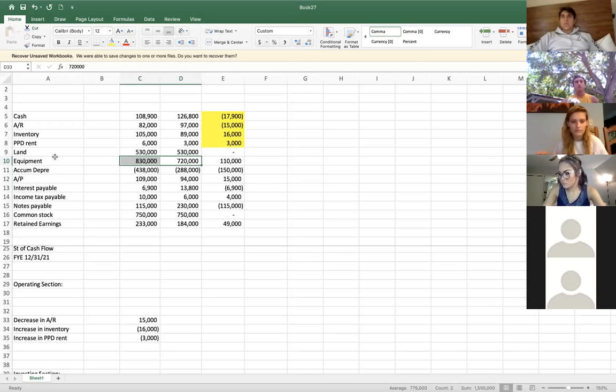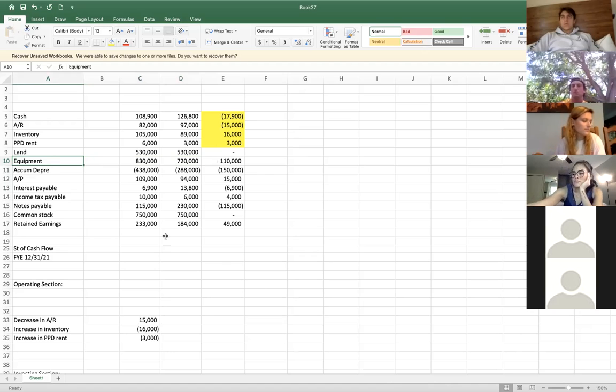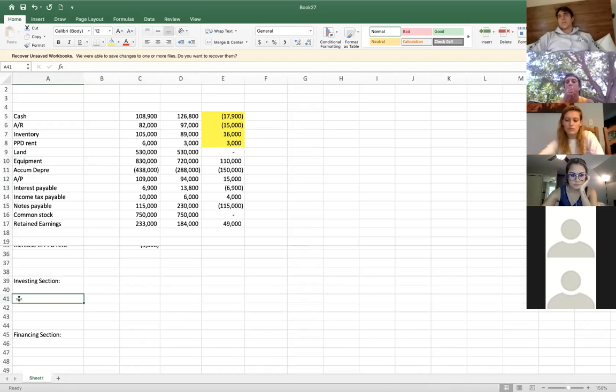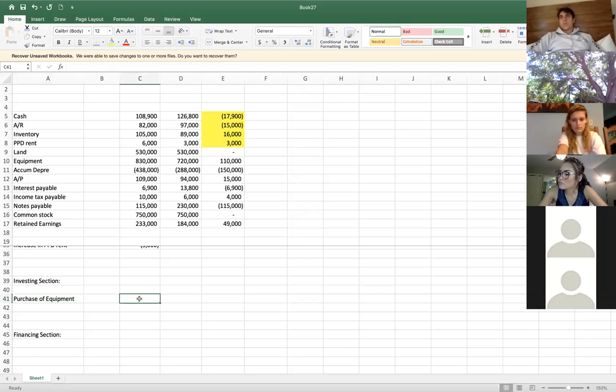Now, what kind of an account is equipment? And current or long-term? Long-term. So what section is it going into? Investing. Good. So in investing activity, I'm going to have purchase of equipment.